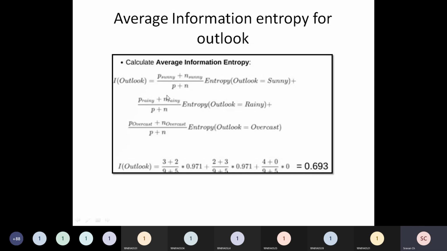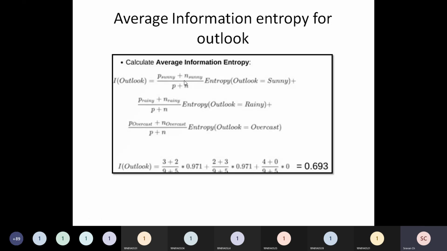Please observe the formula. Here it is P plus N. P plus N means our main data set. It is 9 plus 5, my dear students. So it will be 2 plus 3 divided by 9 plus 5. So it will be 5 by 14.